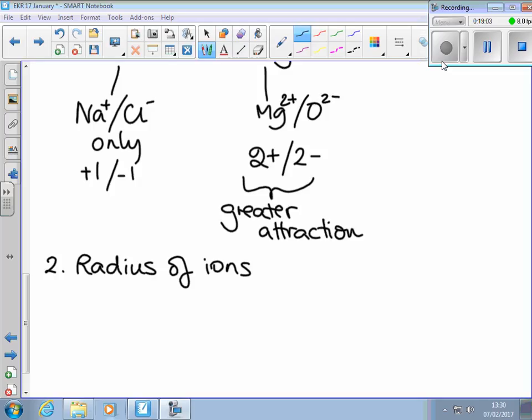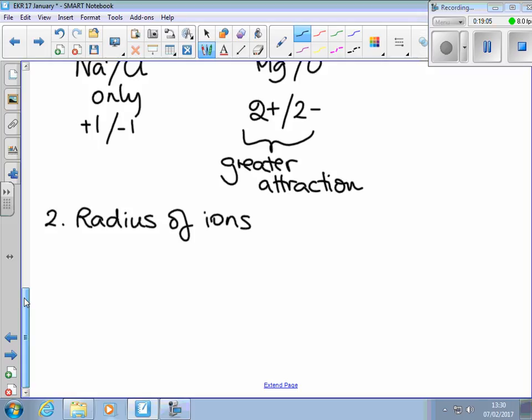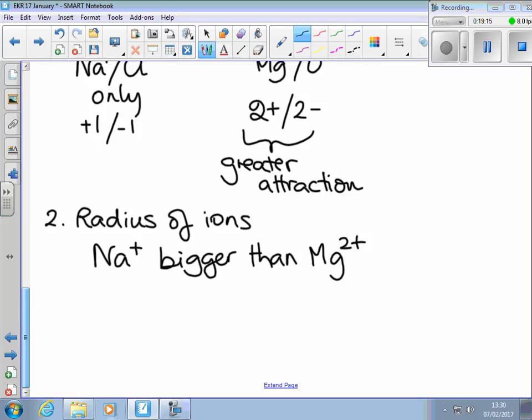So, the sodium ion is bigger than the magnesium ion, and that's just because, although you've got the same number of shells of electrons, you've got a greater positive pull in the magnesium ion.